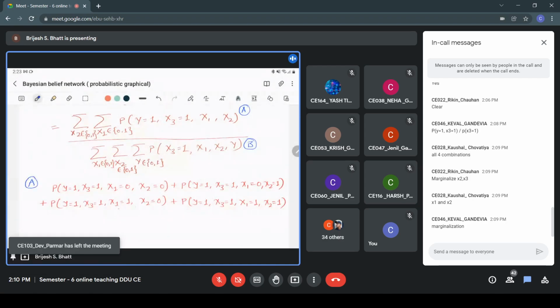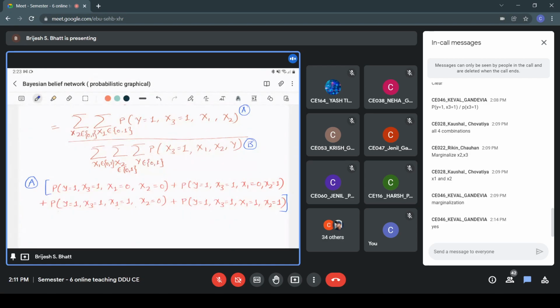This is the numerator part, right? And the denominator is everything in the numerator plus the situation where y was 0.